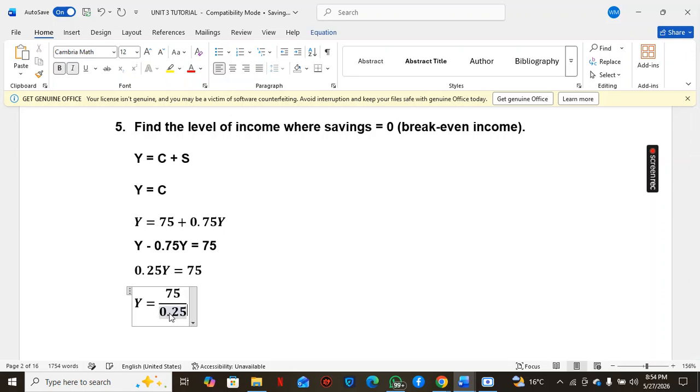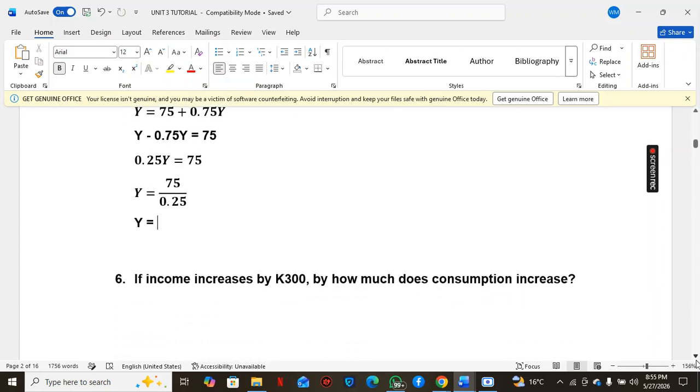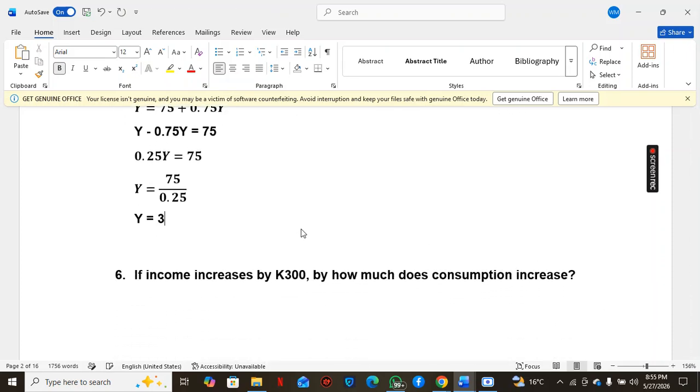So 75 divided by 0.25, I believe it's 300. Just checking our calculators. Is it 300?